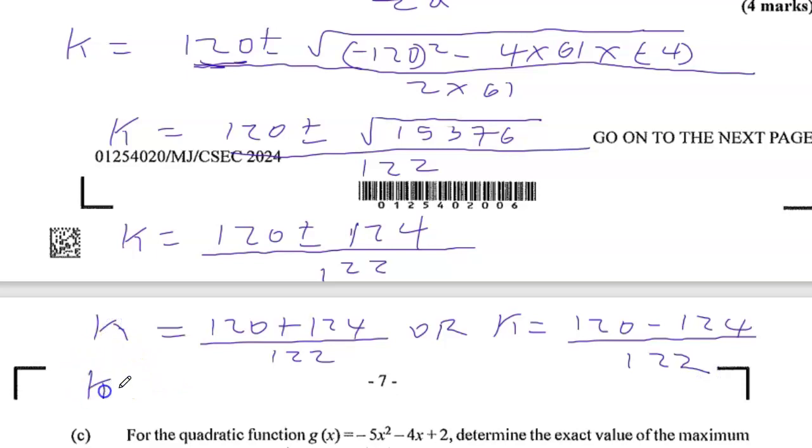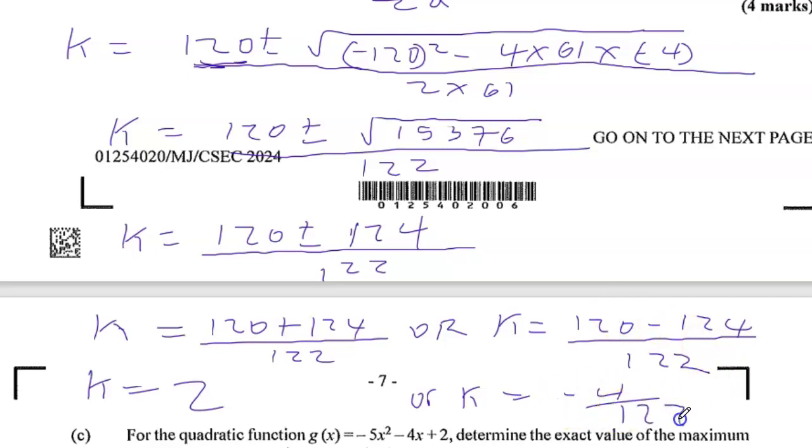So k equal to 120 plus 124, that's 244 divided by 122, that's 2. Or here k equal to, this is what? 120 take away 124, that's negative 4 over 122.